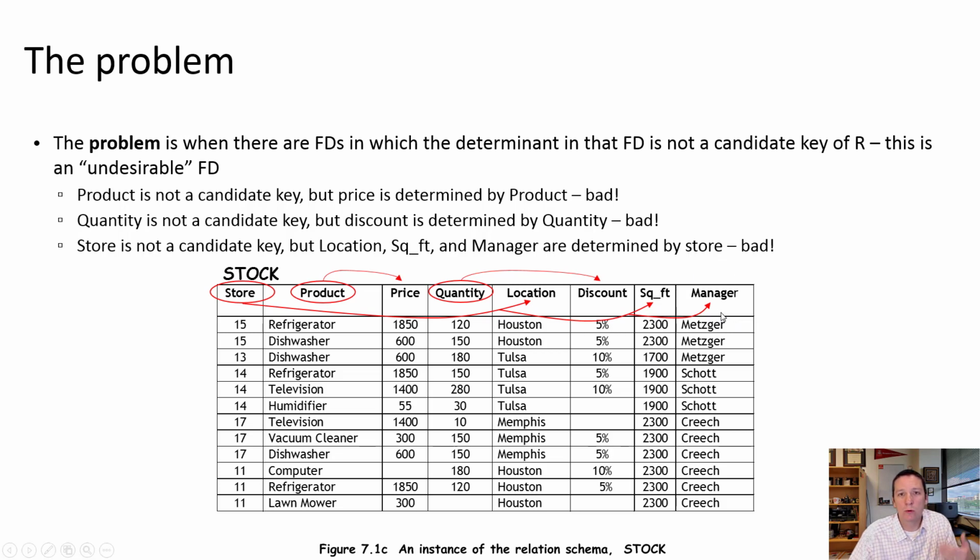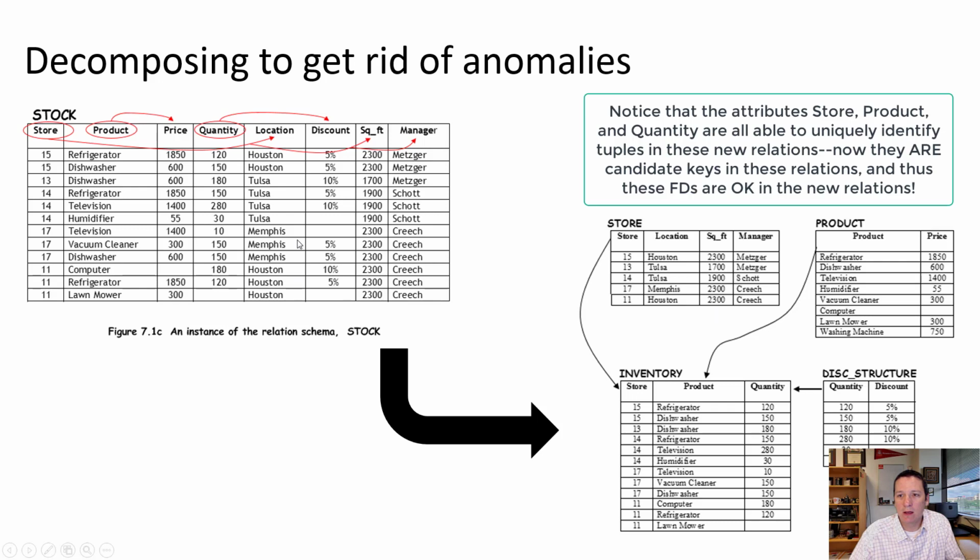And what we did to resolve this was to decompose this relation into these four smaller relations. So we basically just took our problematic functional dependencies and we moved those functional dependencies and all the attributes involved in those functional dependencies out into new relations.